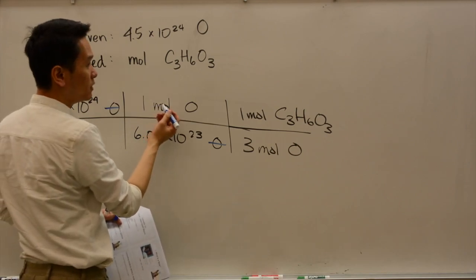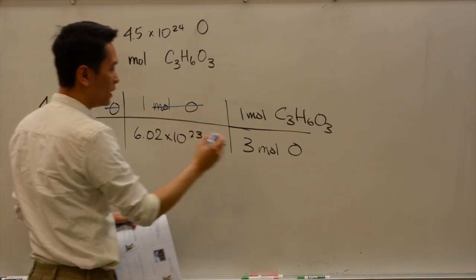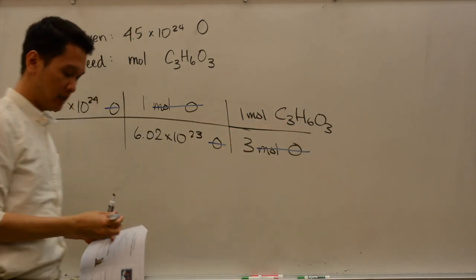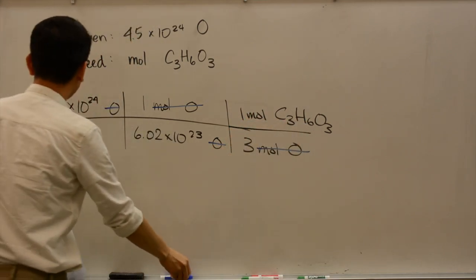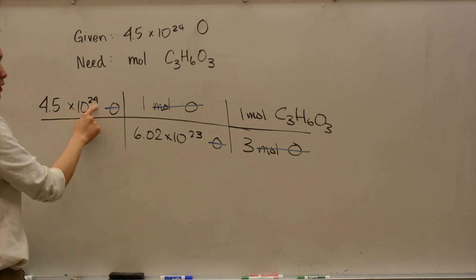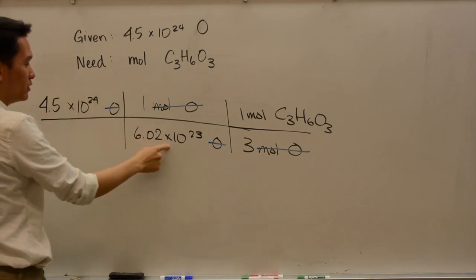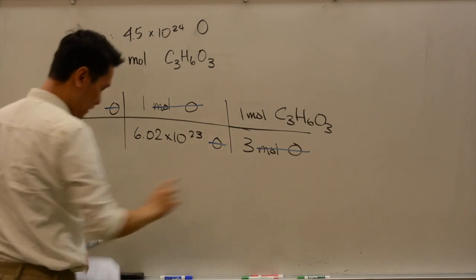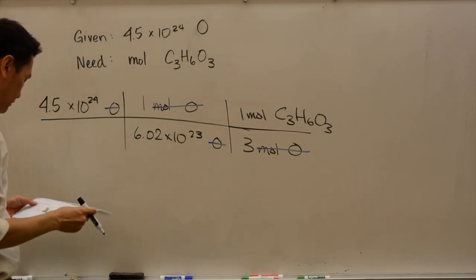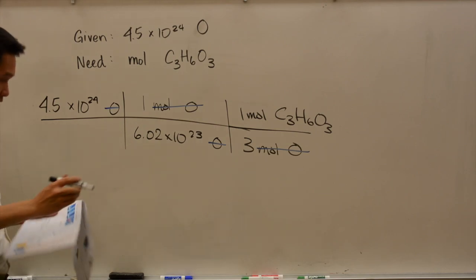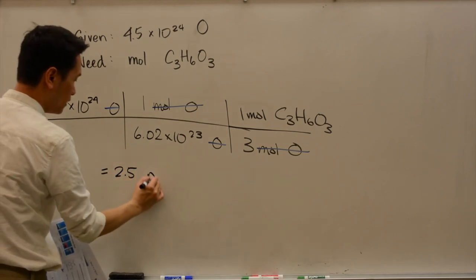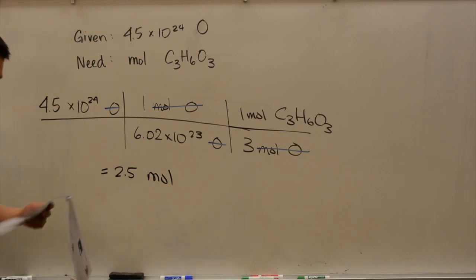Okay, so doing cancellation here, moles of oxygen goes away with moles of oxygen, giving you moles of lactic acid at the end. Okay? So it's 4.5 times 10 to the 24th divided by 6.02 times 10 to the 23rd. That divided by 3 should give you 2.5 moles, or the answer B.